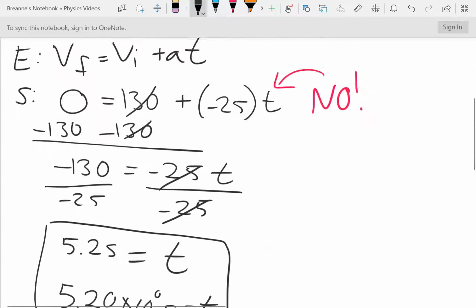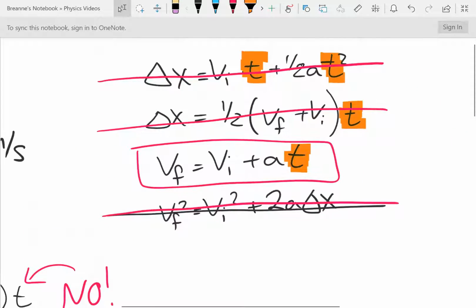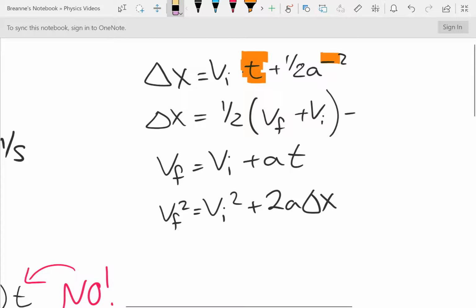So now let's go back to our equations. We're going to do a very similar thing. I have to rewrite some equations to get marked out. Wow.